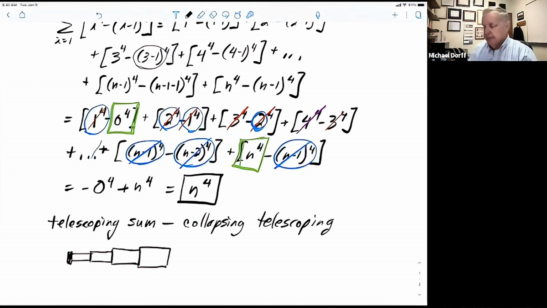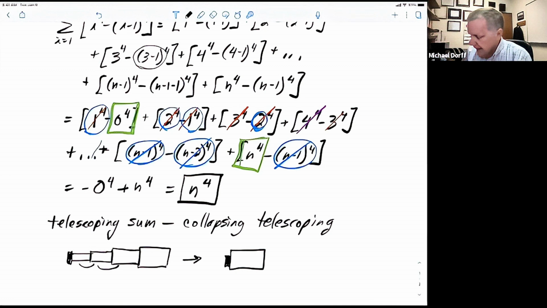That would be really long, and by doing it that way, you get a stronger magnification. But you can collapse this into a smaller size so it's more portable. So these middle sections all collapse into each other, and when it collapses, you've got that big last piece on the right, and then you've just got the eyepiece.